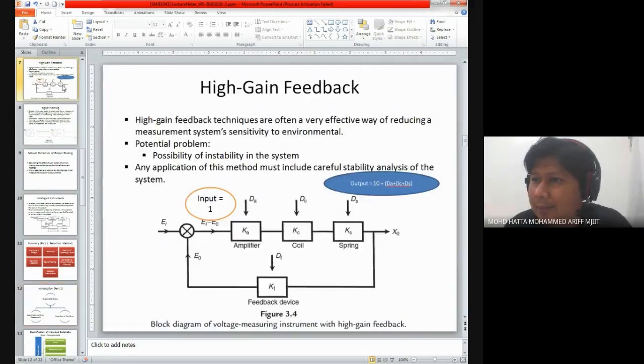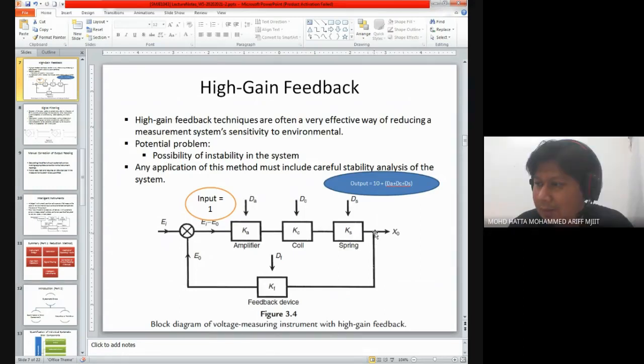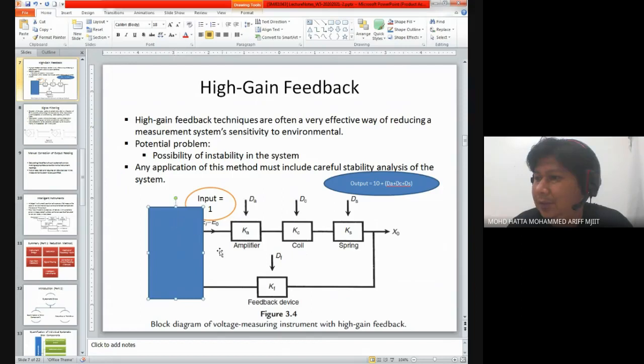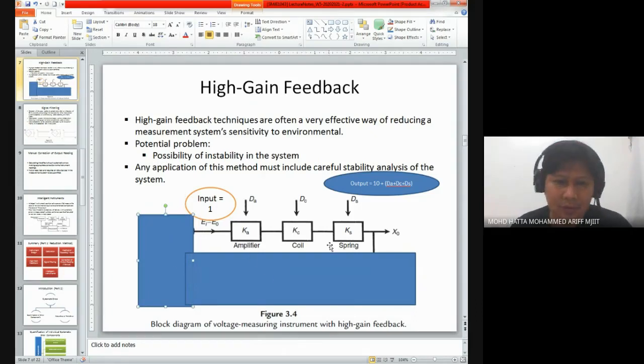Okay. Let's say over here, this is the output. Let's say we don't have this element, and we don't have this element as well. These three modules are known as an open loop system.